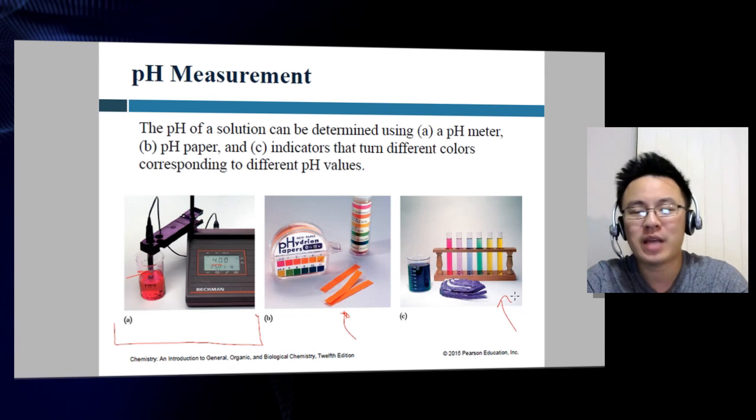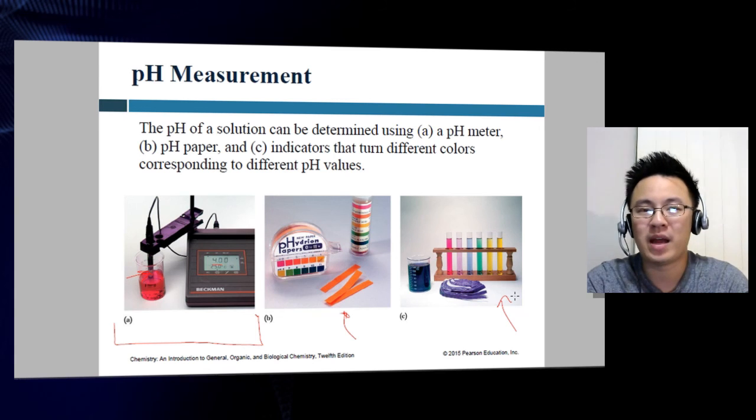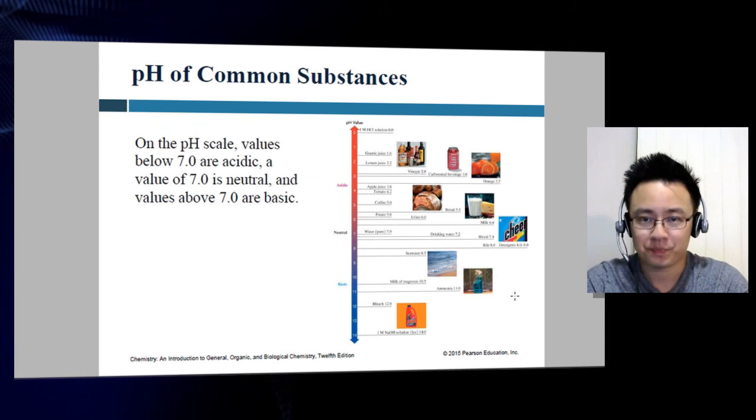I actually have one of these kits at home to measure the pH, nitrate levels, and phosphate levels of my aquarium, but those are kind of fading away because they're quite messy, and they use tablets, and you've got to mix them up and do all that kind of stuff. pH paper seems to be much faster than that.